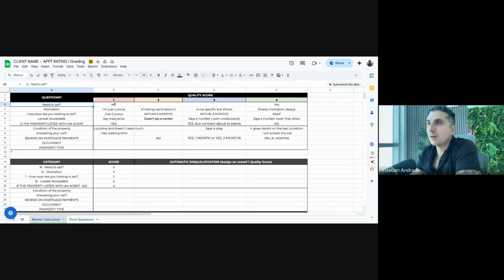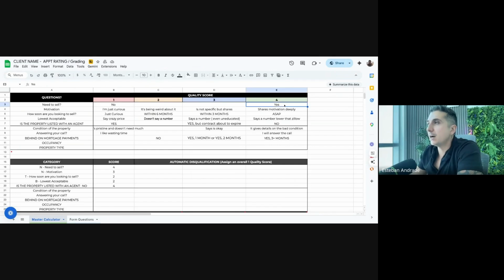So, need to sell. I did a quality score from 1 to 4. Need to sell. If they say no, well, they don't have an intent. Well, I'm going to put ultimately 1, and I'm probably not going to allow them to go into that survey. So whenever you have conditional logic in the survey funnel, in the quiz funnel, you want to be able to remove them from moving forward.